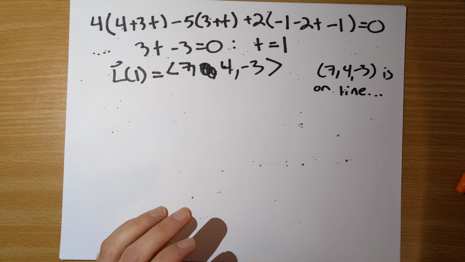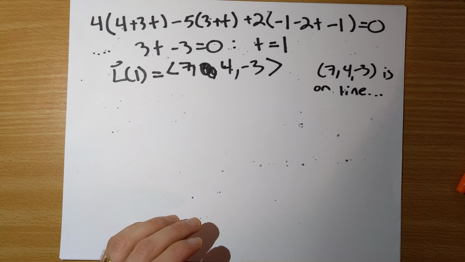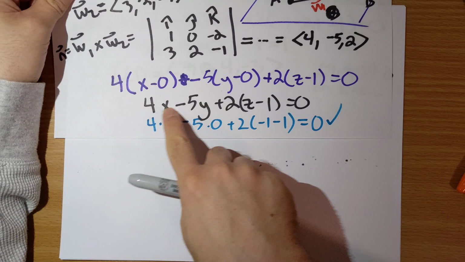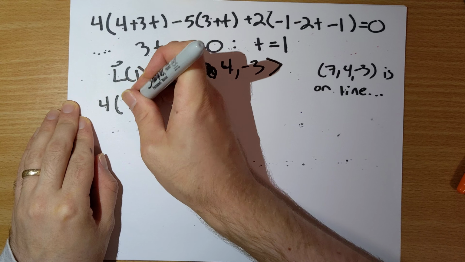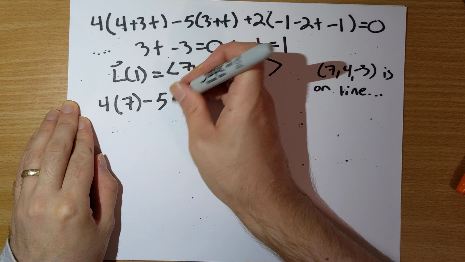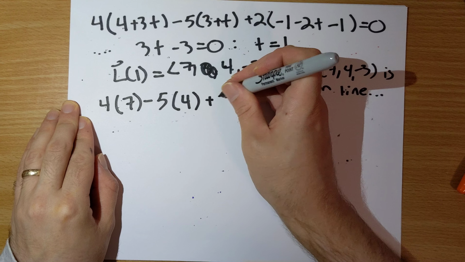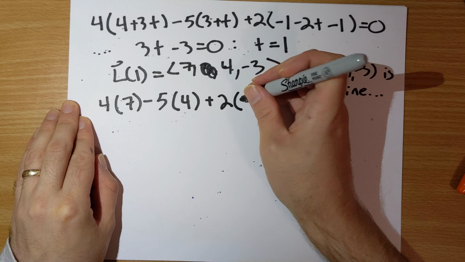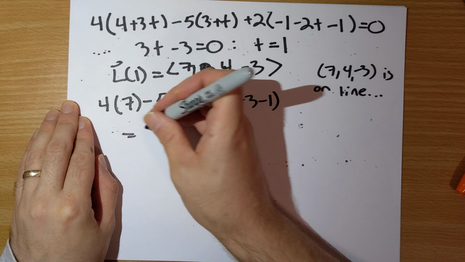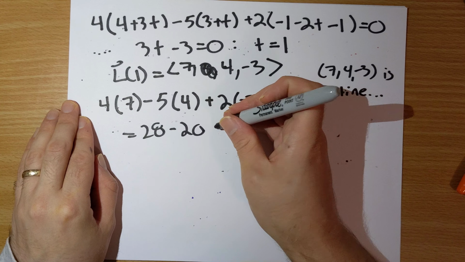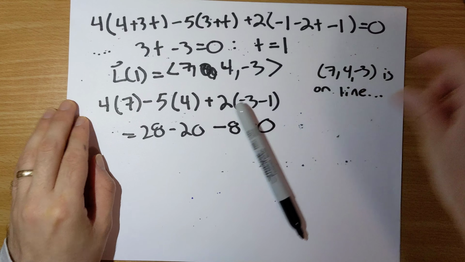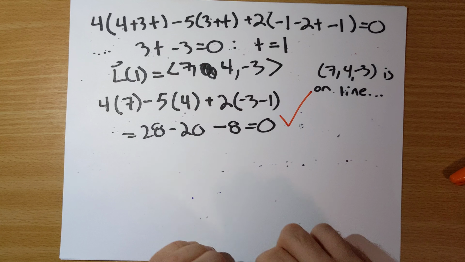Let's just check here to make sure it is in fact on our plane. Let's plop that into this equation right here. 4 times 7 minus 5 times 4 plus 2 times negative 3 minus 1 is 28 minus 20, and this is negative 8. And so yes, we get 0, so that checks out.